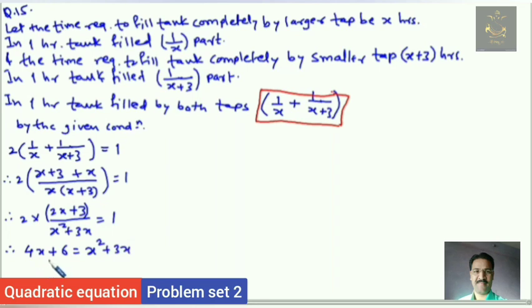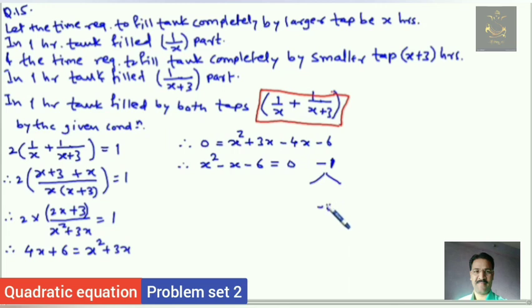Now I'll take all these terms to this side. What do we find now? 0 is equal to x square plus 3x minus 4x minus 6. Instead of writing 0 on this side, I'll write 0 on this side. So we get x square minus x minus 6 is equal to 0. Now we need difference minus 1 and product minus 6.